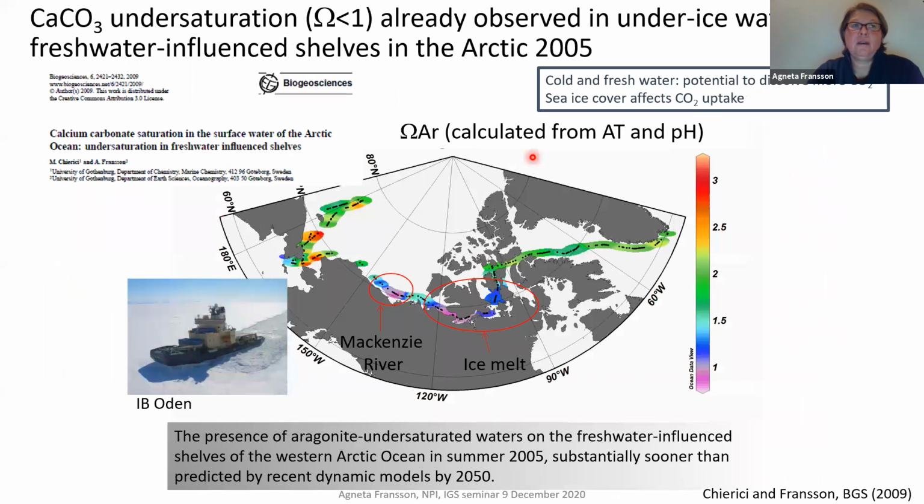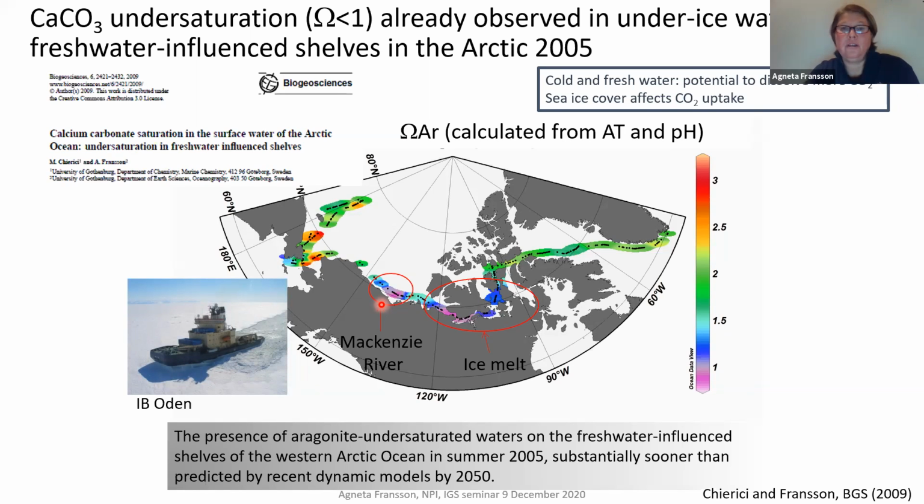This calcium carbonate undersaturation has already been observed many years ago in the Arctic under the ice in freshwater influenced waters. This was from 2005, where we found this low aragonite saturation of below 1 already in the fresh water where we have ice melt and river runoff, and this of course also is valid for the glacial water.